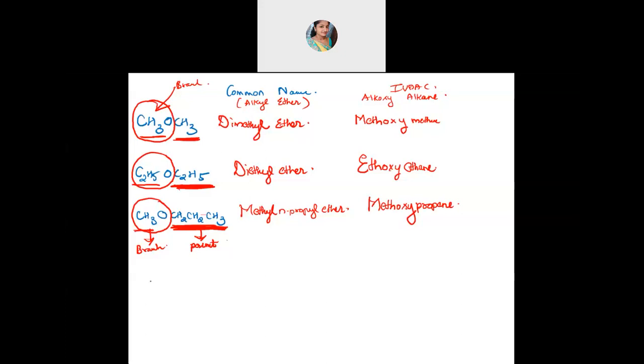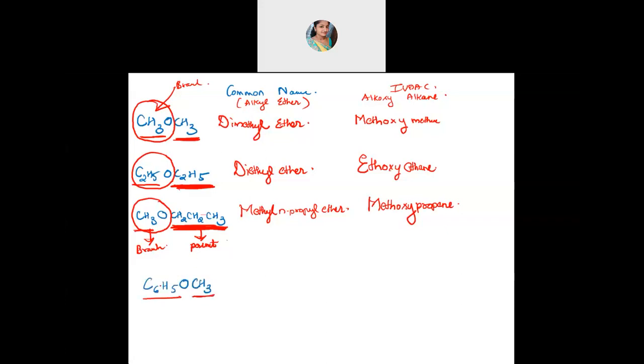Now I'll take the next example. Take this one. C6H5OCH3. Now which are the branches over here? Two are there. What are they? One is CH3, one is C6H5.